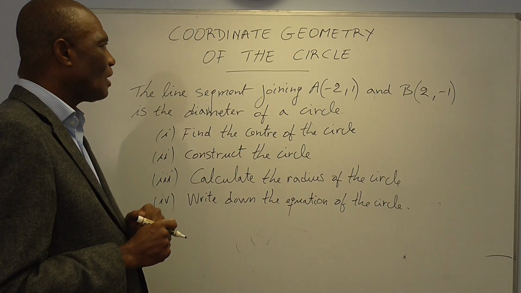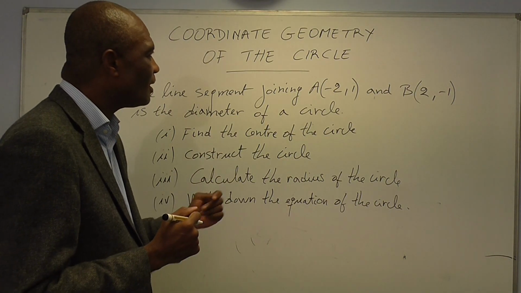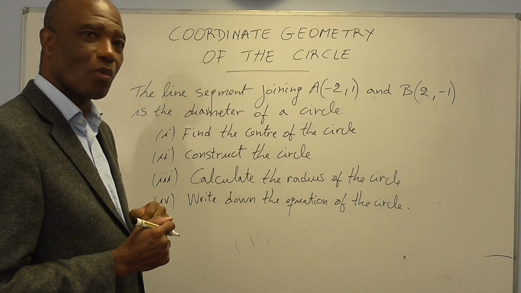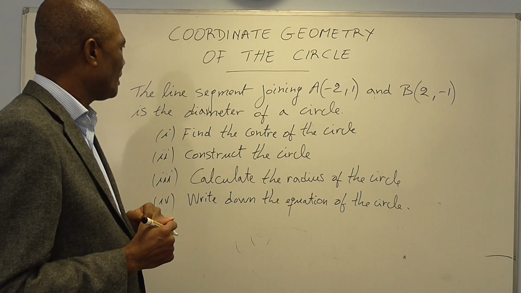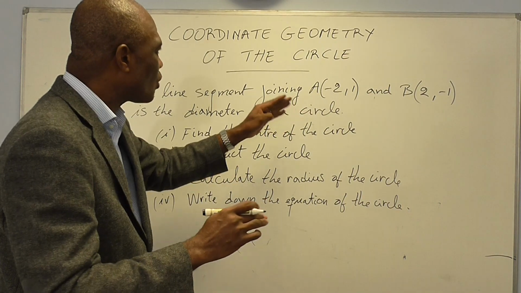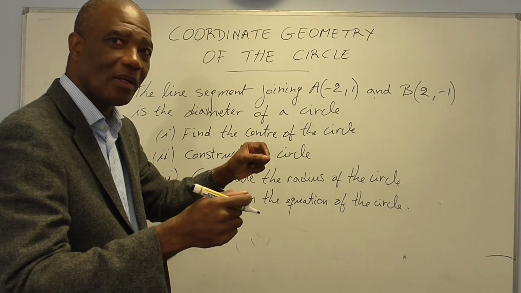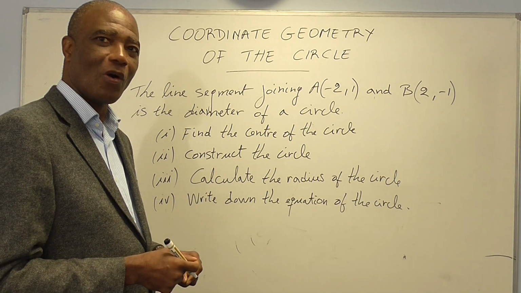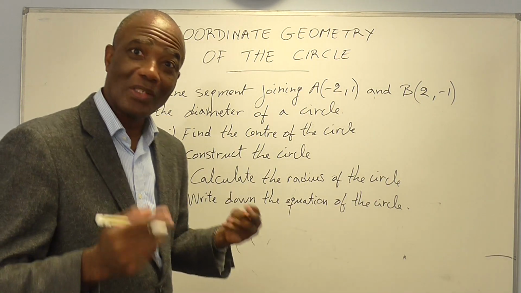Now, we have been given 2 points, the coordinates of 2 points. And they say joining the 2 points is the diameter of the circle. But what is a diameter?